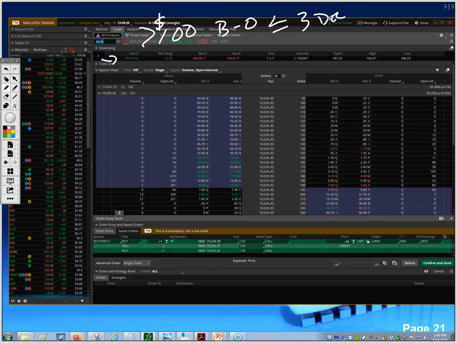Basically 1, 2, 3. So in this case, 20 cents, or 19 cents really, to be exact. 19 cents is really where we want it to be. So we want it to be less than or equal to 19 cents, and that would be a green light.